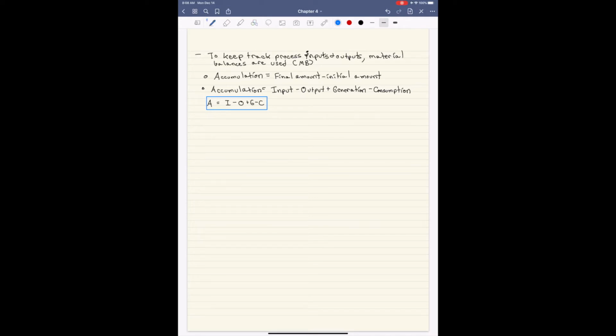And so, to emphasize its importance, I'm going to command that for all your homework assignments, quizzes, and exams, this equation must be written at the beginning. It must be written for all material balance problems.